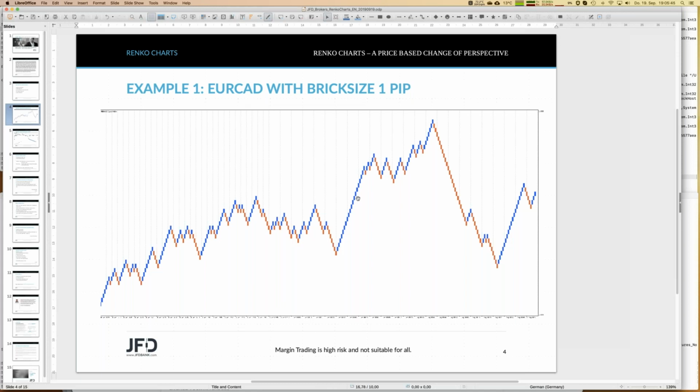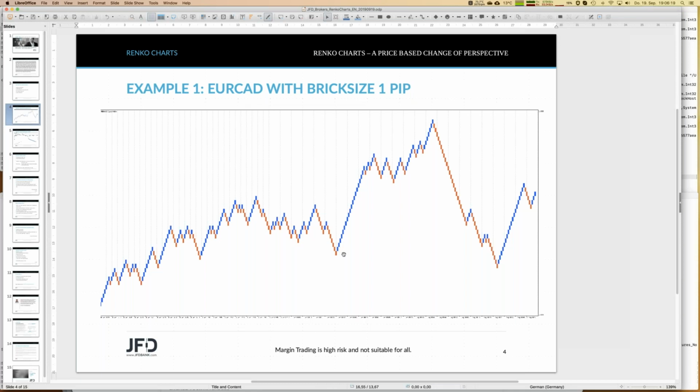What you can see here is blue and red bricks or candles, and nothing else. The chart is euro, Canadian dollar, and I wrote down a brick size of 1 pip. Okay, that's important information. The size of each brick here is exactly 1 pip. That's interesting. So all the bricks here are exactly the same size.